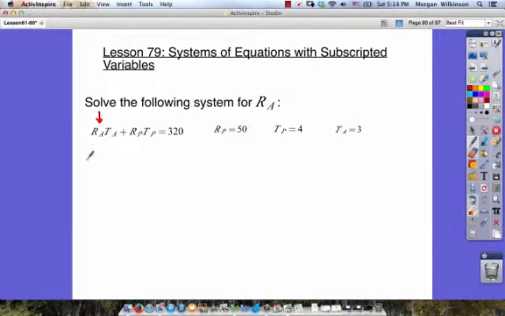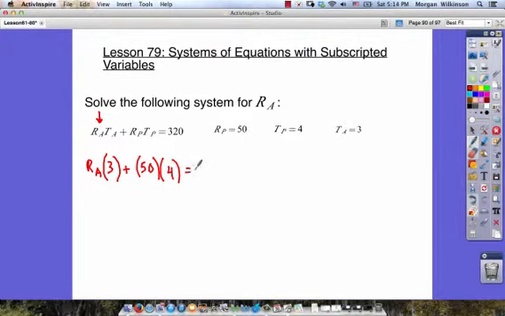If we do that, we know r sub a is what we're trying to find, times t sub a, and t sub a is 3. So r sub a times 3 plus r sub p, which is 50, times t sub p, and t sub p equals 4.